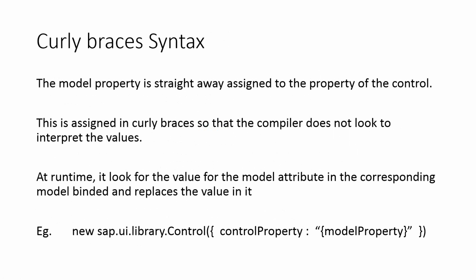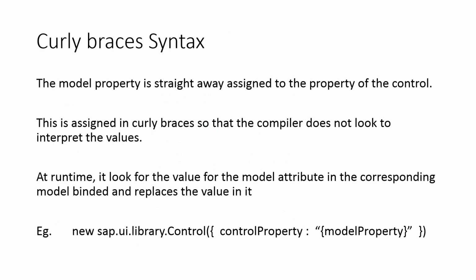Then the next syntax would be the curly braces syntax. Like I have told you, while I instantiate the UI element and specify the property, we usually specify the value in double quotes. But this time I'm going to use the double quotes, and within that I'm going to use my curly braces syntax, which means my system knows that it's not going to interpret the value. The value has to come from the model.